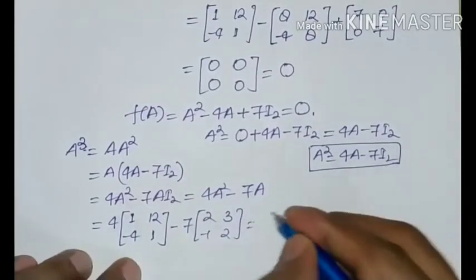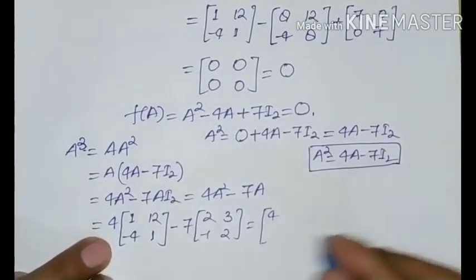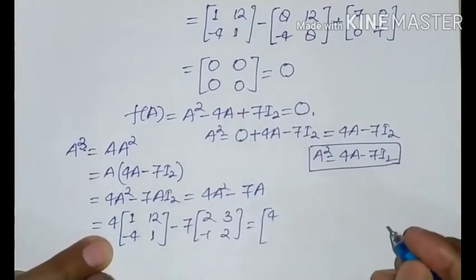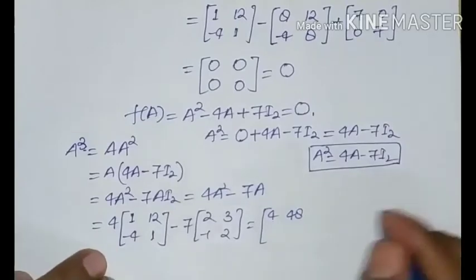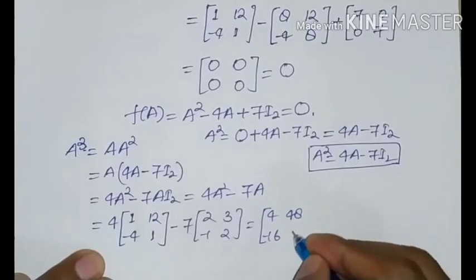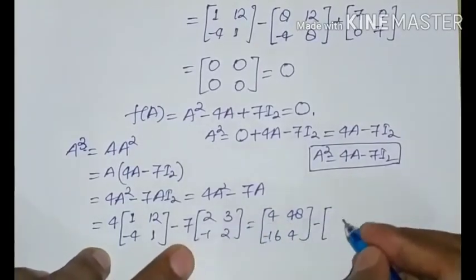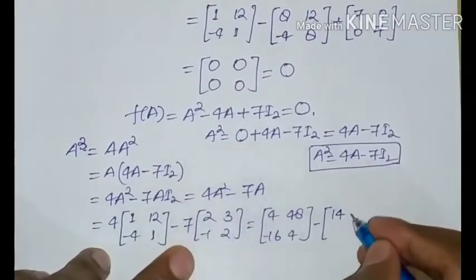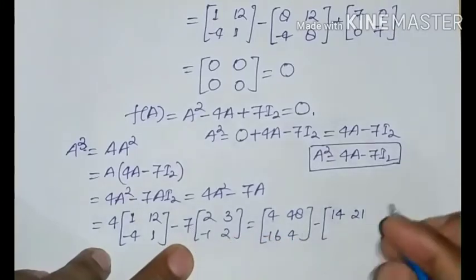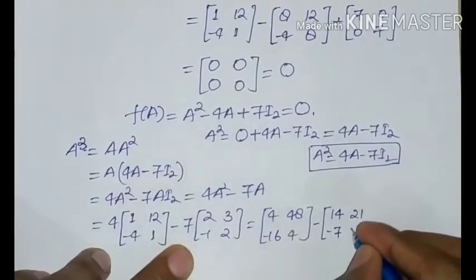So 4 times 1 is 4, 4 times 12 is 48, 4 times minus 4 is minus 16, and 4 times 1 is 4; minus 7 times 2 is 14, 7 times 3 is 21, 7 times minus 1 is minus 7, and 7 times 2 is 14.